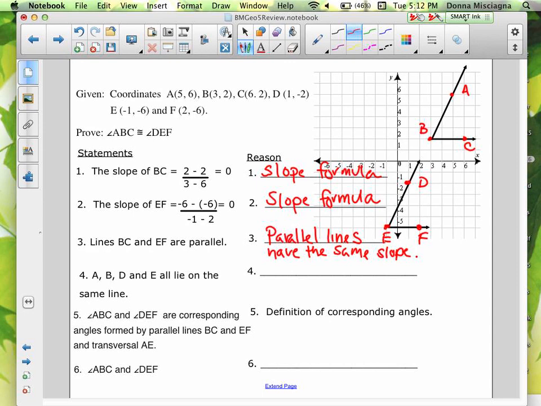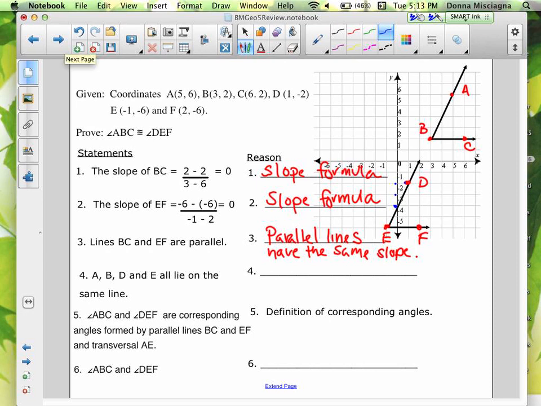If we continued that line ED here, you'll notice the line has a slope of 2, doesn't it? If you take a look between any two points, the line goes up 2 to the right 1. So we have a slope of 2.